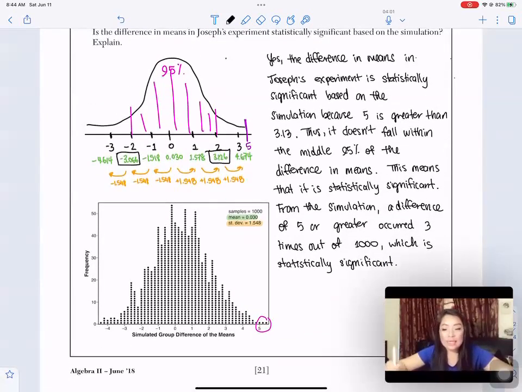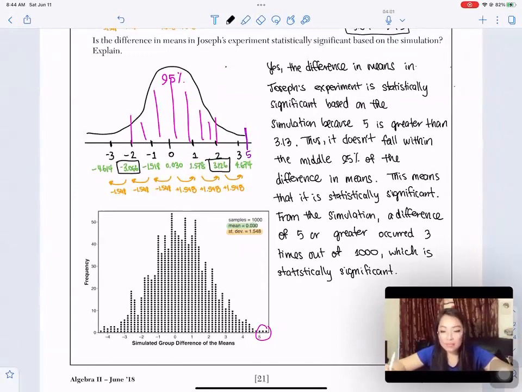So you can say, yes, the difference in means in Joseph's experiment is statistically significant based on the simulation because 5 is greater than 3.13. Thus, it doesn't fall within the middle 95% of the difference in means. This means that it is statistically significant. From the simulation, a difference of 5 or greater occurred 3 times out of 1,000, which is statistically significant.